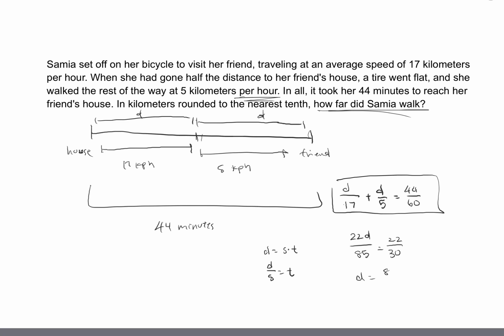D equals 85 over 30, and 2D equals 85 over 15, which is 17 over 3, which is... wait. Okay, I think I made a mistake here.